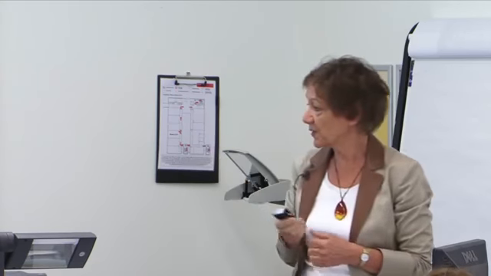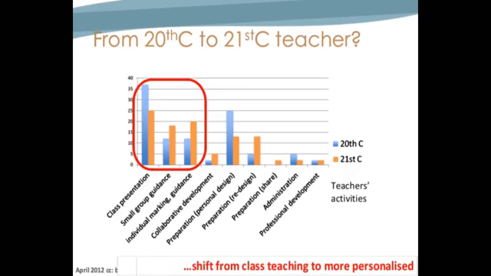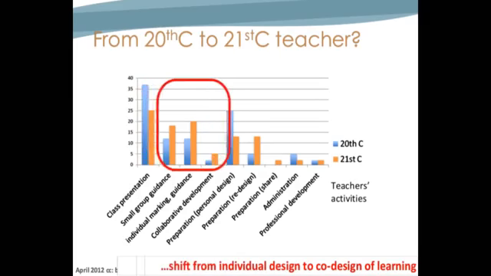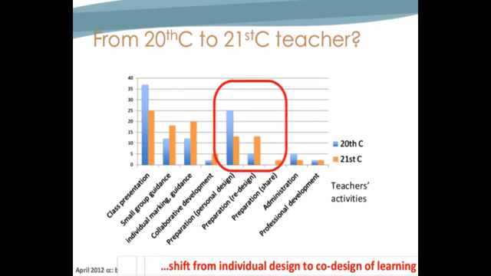Teachers should share their best ideas as well. So we also expect to see something like that happening, again, as a result of the possibilities now open to us. And shifting, therefore, from overall class teaching to more personalized approaches to teaching and learning, enabling every learner to achieve their learning potential will require that.